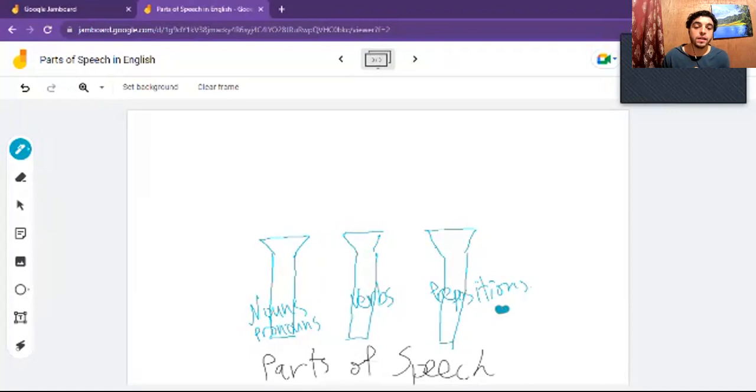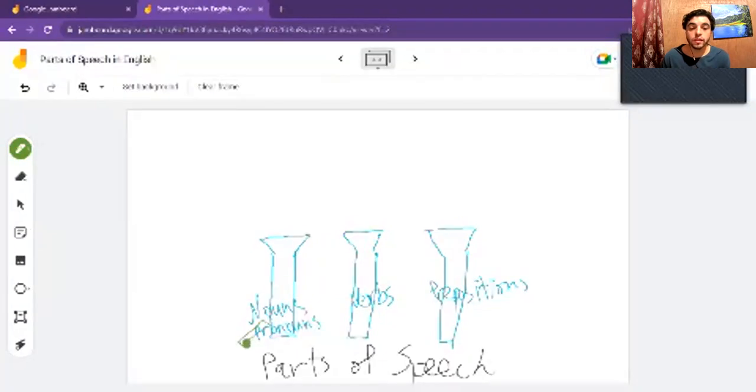And then essentially what supports the pronouns and the nouns are the adjectives. And what supports the verbs are the adverbs. So these support these pillars.